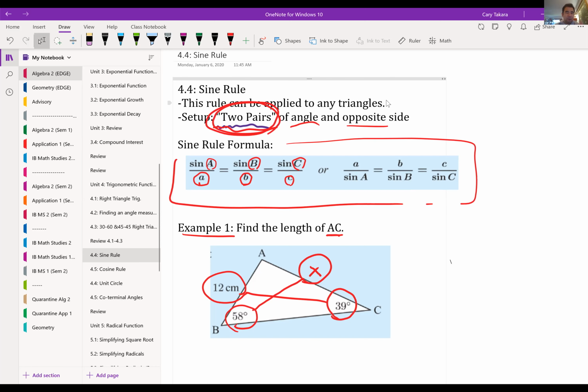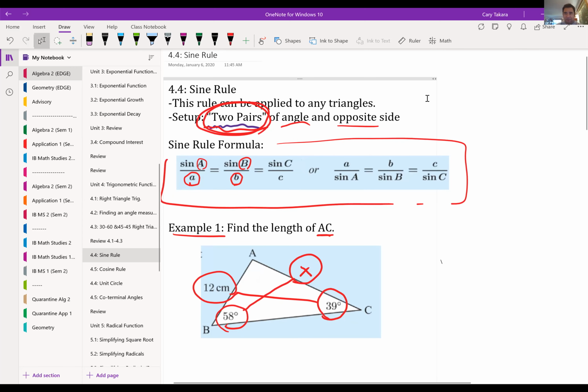Of course, we're just using 2 pairs, so we're just going to use 2 fractions. I think if you look at the setup, hopefully it will make sense.